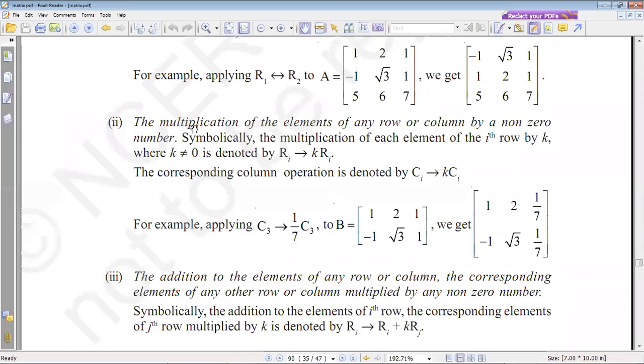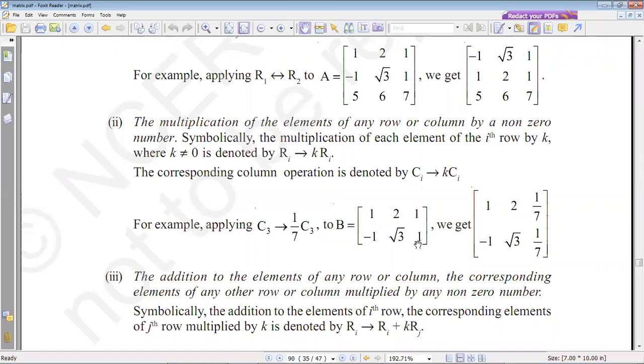Now the second one: the multiplication of the elements of any row or column by a non-zero number. That means we can multiply the elements of any row or column by any constant. Here, column 3 becomes 1 by 7 times column 3.